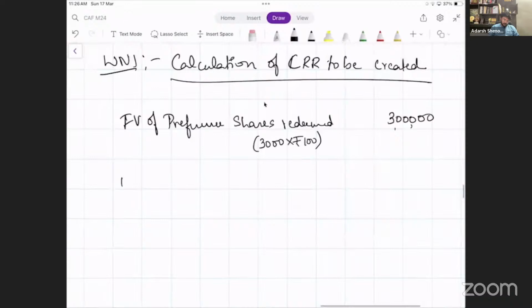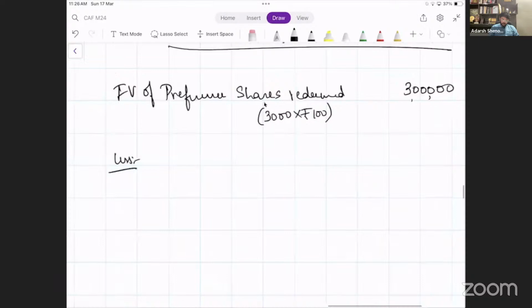Less: fresh issue of equity shares, 25,000 into rupees 10, 2,50,000.